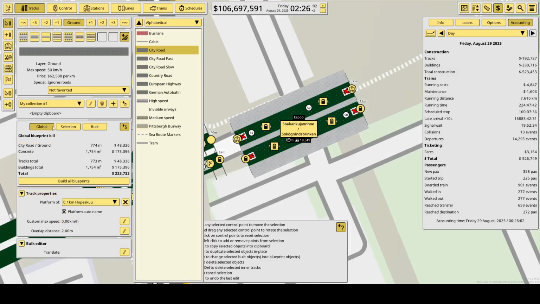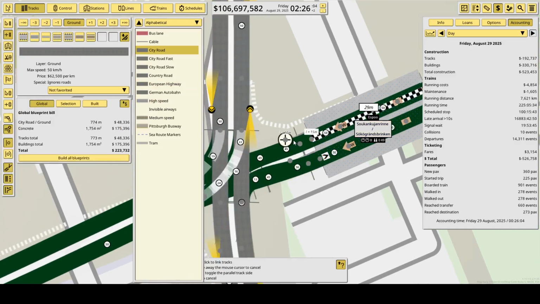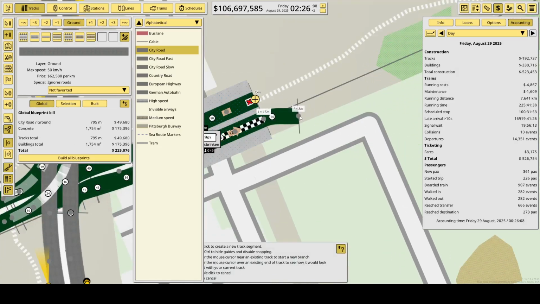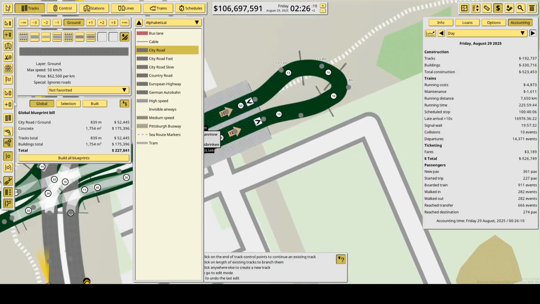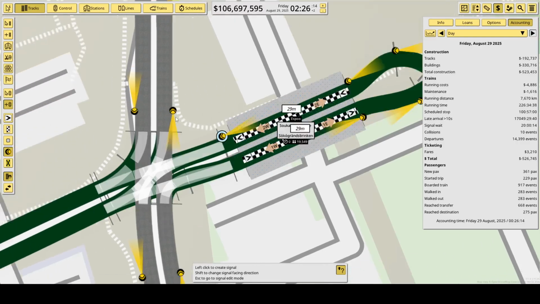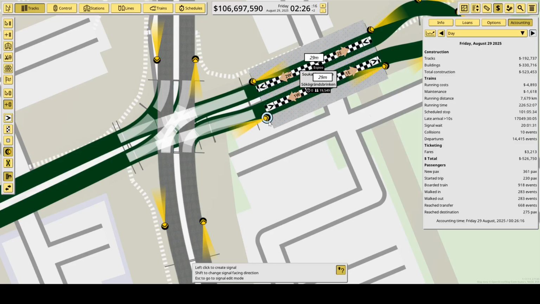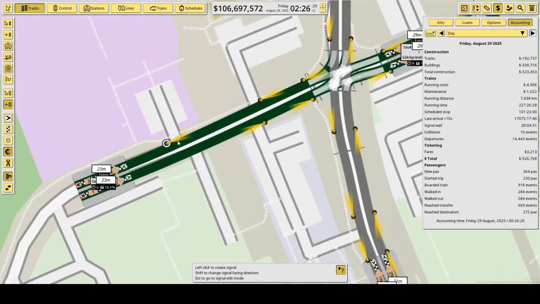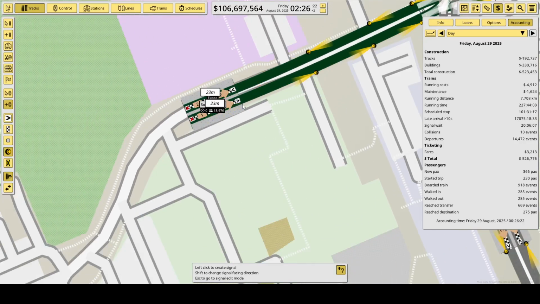There you go. So it looks like a pretty nice place to build a loop. I overshot the stop a bit because I wanted to create a proper length of stop for it. But now I think this in here is ready.